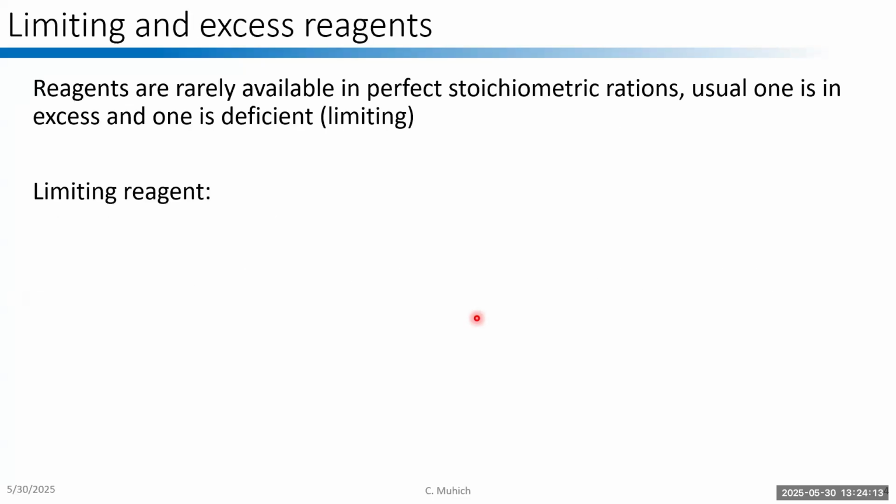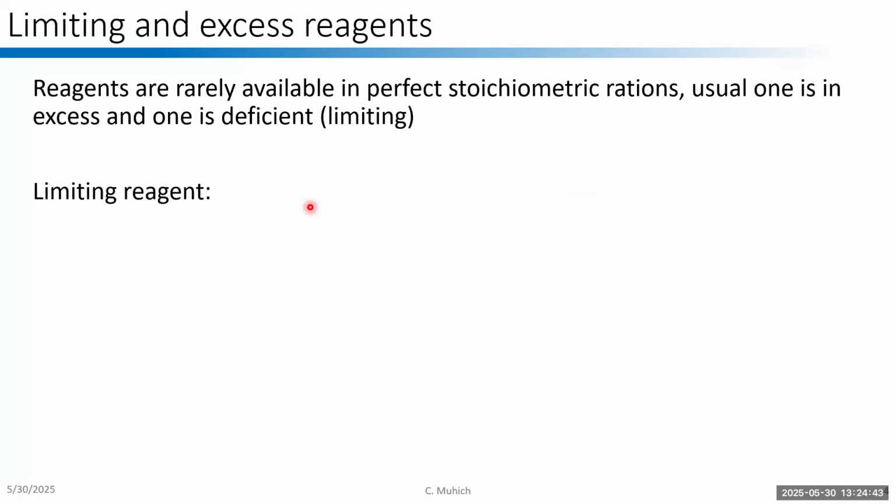Okay, so in reactions in chemical engineering systems, in general, we don't have a perfect 1-to-1 molar ratio or a perfect stoichiometric ratio. We usually don't have exactly what we need. So we usually have an excess of at least one of our reactants, and at least one we're deficient in. So let's have some definitions.